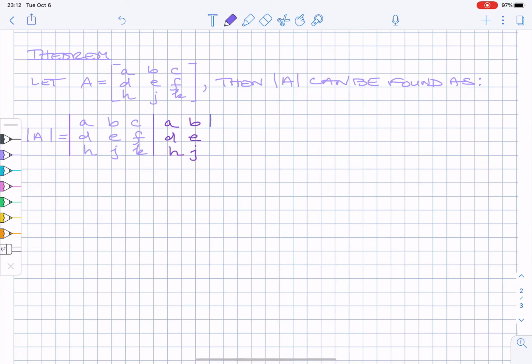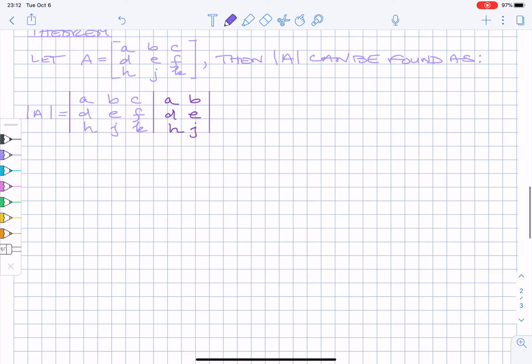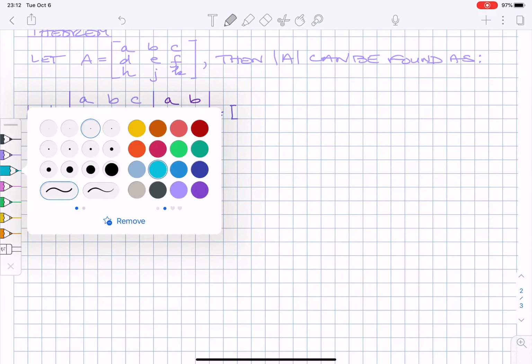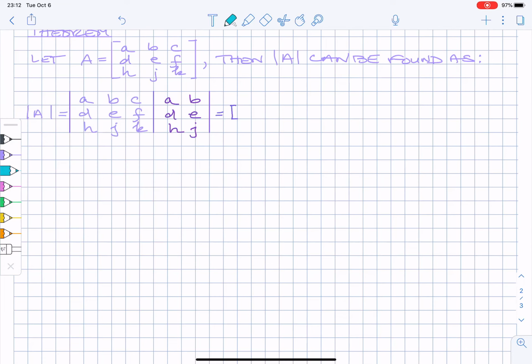And then we're going to calculate it as follows. So I'm going to color code this. We're going to have this first diagonal, this second diagonal, and this third diagonal.